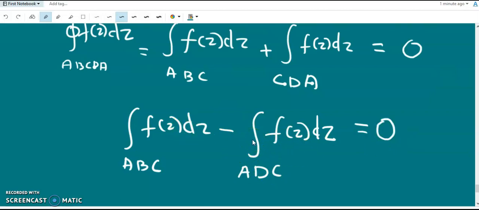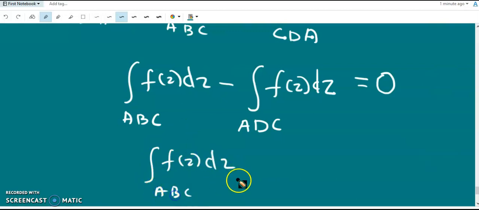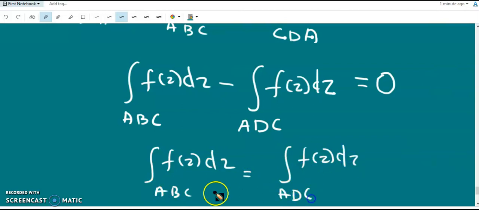Now rearranging this, we get the integral of f of z dz over A, B, C equal to the integral of f of z dz over A, D, C. These two line integrals are line integrals from A to C. But the path is different.